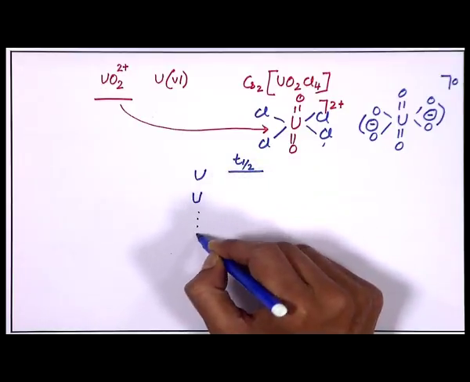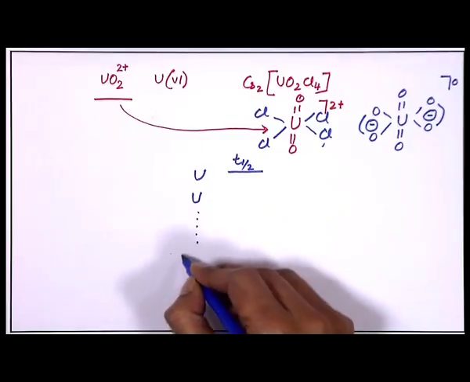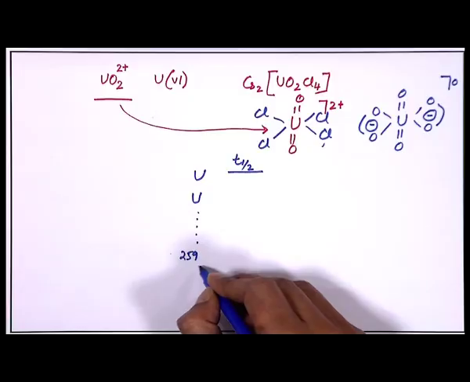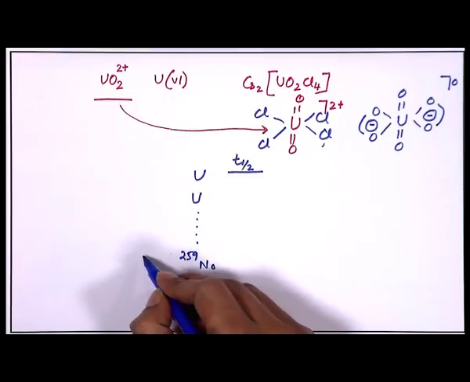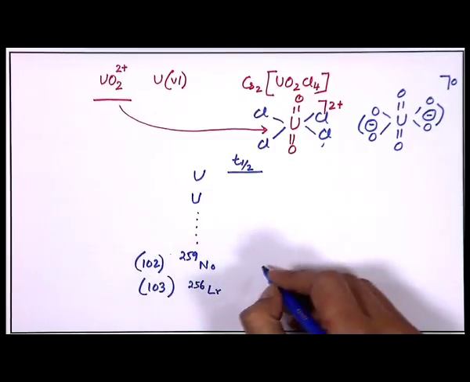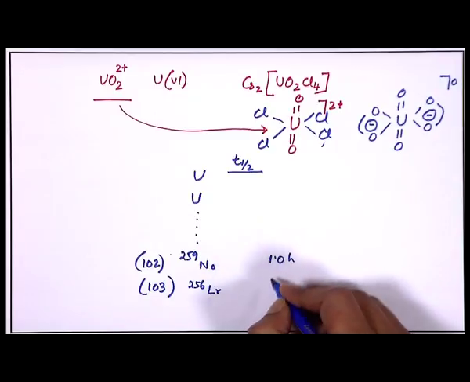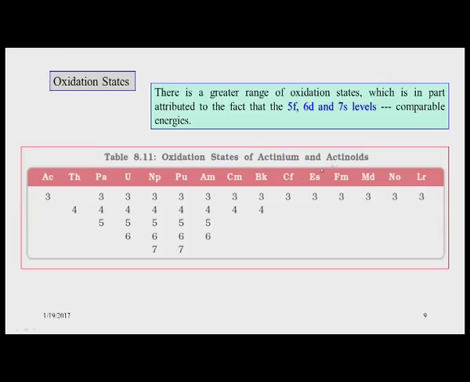Then if we move down to nobelium-259 and lawrencium-256, having atomic numbers 102 and 103, their T-half values are very small, only 1 hour in one case and 28 seconds in the other. That immediately tells us that even if we can make these species at the nanogram or picogram level, they are all synthetically made, not naturally available.